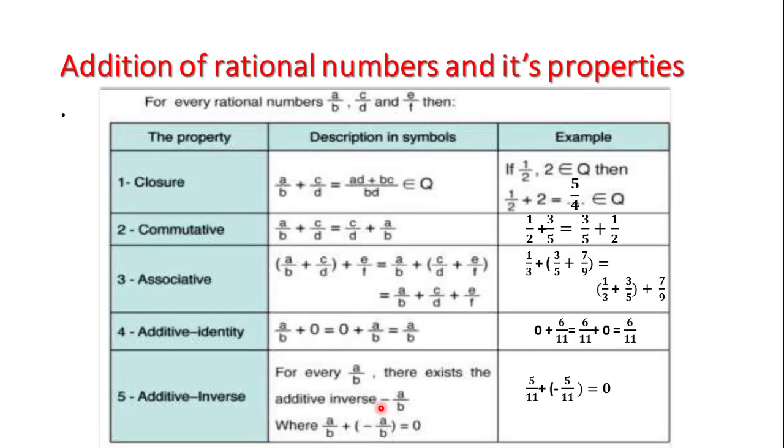We studied before the properties of addition in integers and natural numbers. Today we want to study the properties of addition, but here for rational numbers. Closure. If you have two rational numbers and you add them together, the result will also be a rational number.